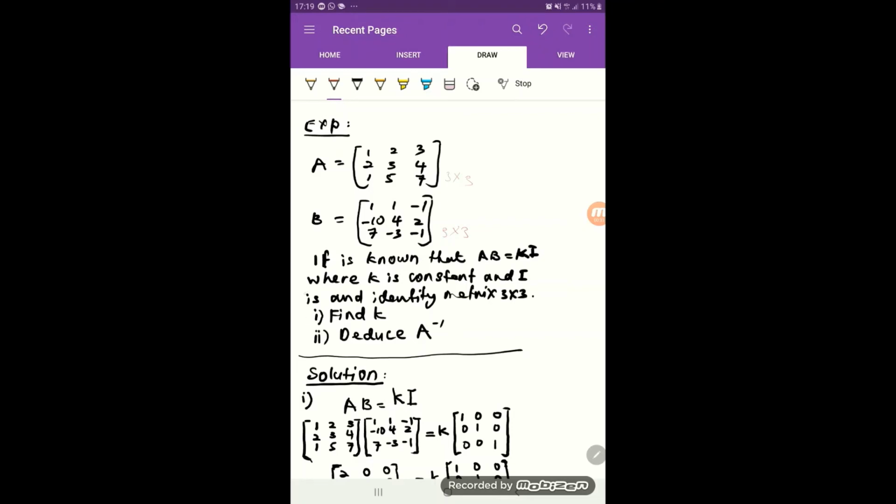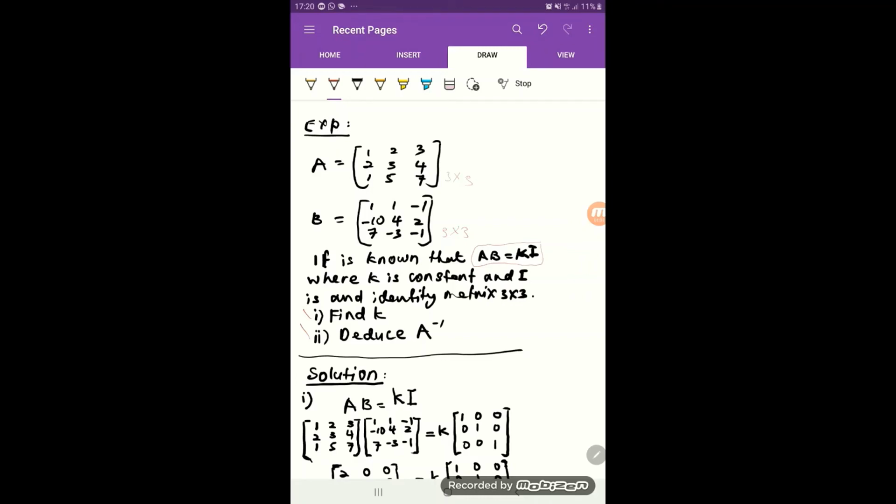If it's known that AB is equal KI, the equations of matrix is given here, where K is constant and I is an identity matrix 3 times 3. So, find K. And the second question, deduce A inverse.